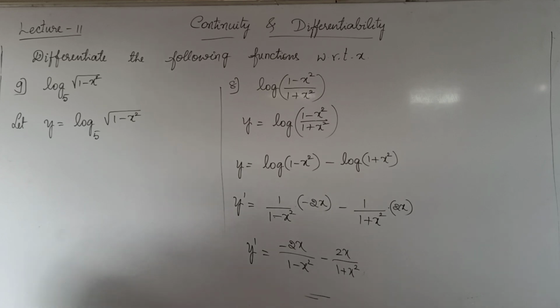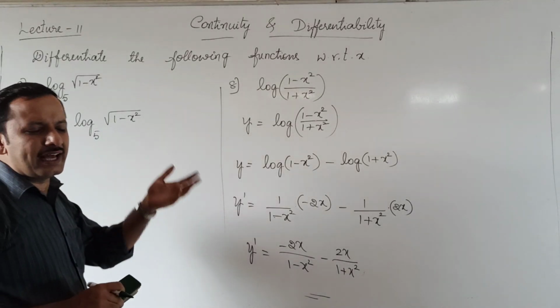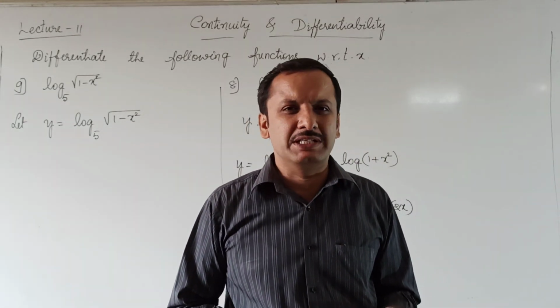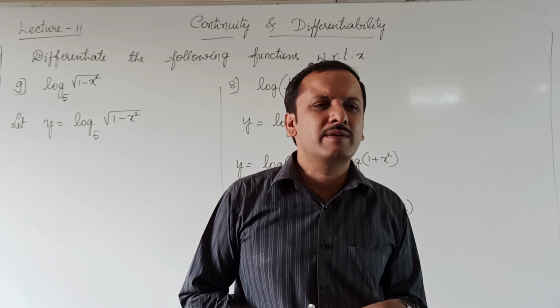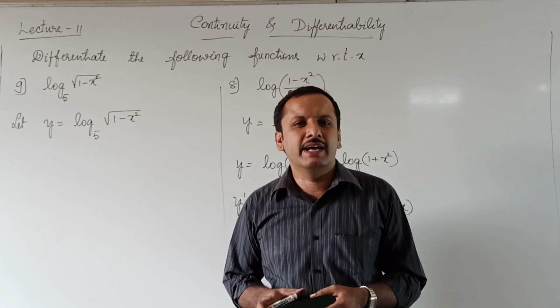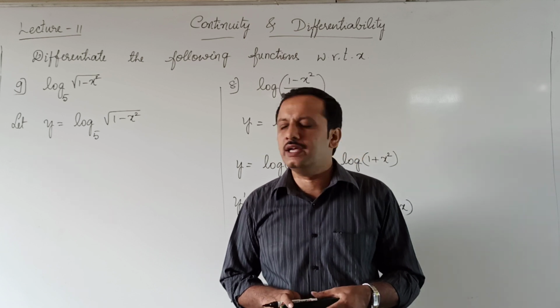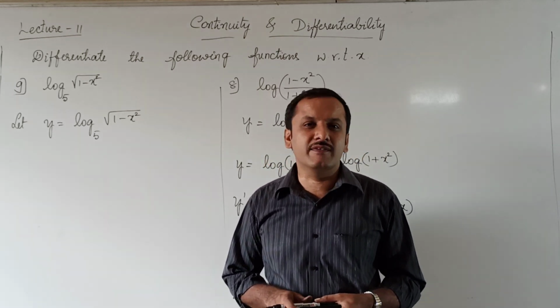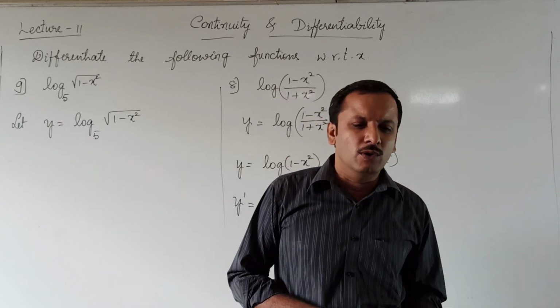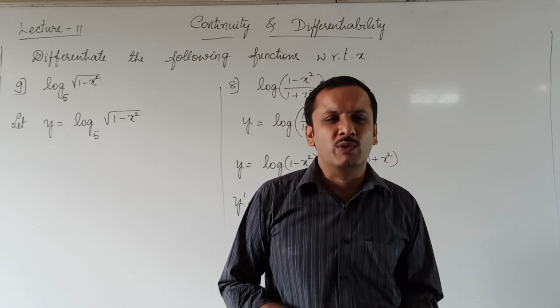See here, look at all the earlier problems where we had a log, the base was not mentioned. Whenever the base is not mentioned, we have understood that the base is e. But here the base is given, base 5. We have derived the formula that the derivative of log x is 1 by x.